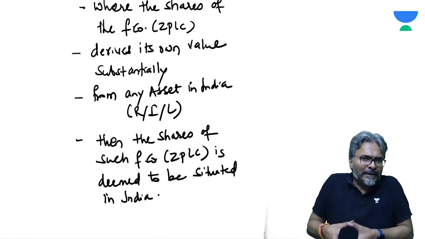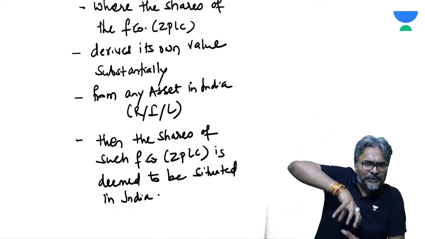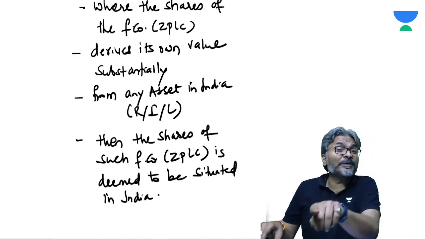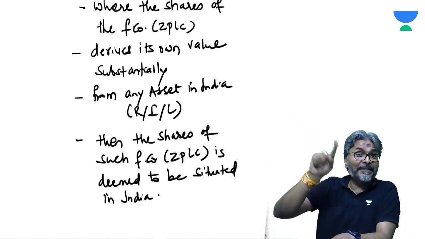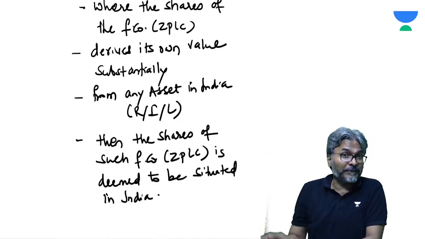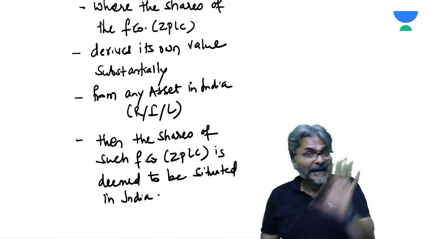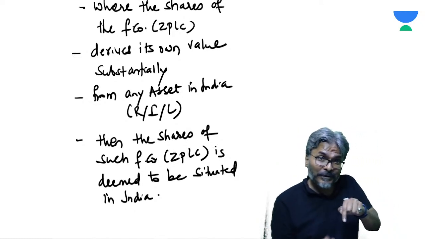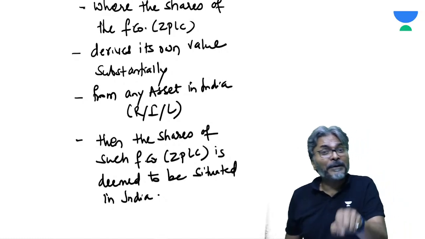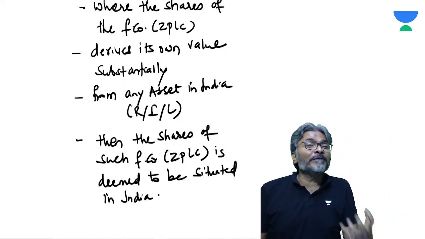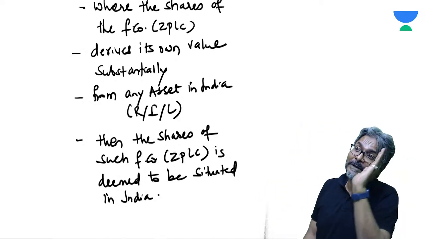So what you have done is that you have shifted the location of the shares of Z PLC from Singapore to India, and that location shift, in my example from Singapore to India, will happen only if ZPLC derives its value substantially from the Indian asset.